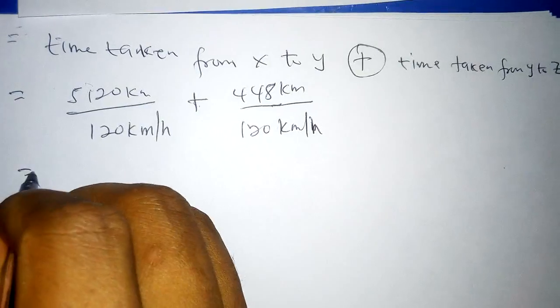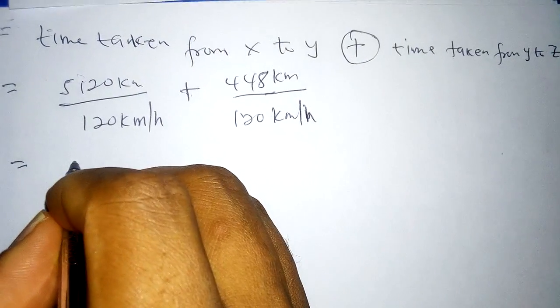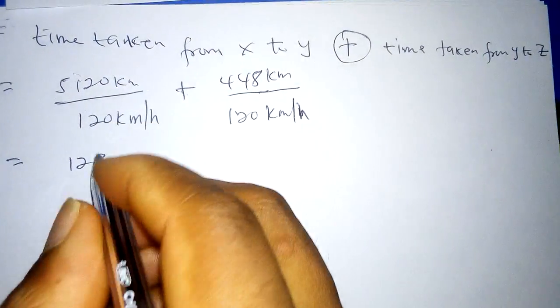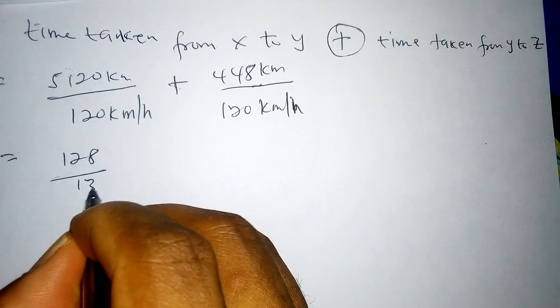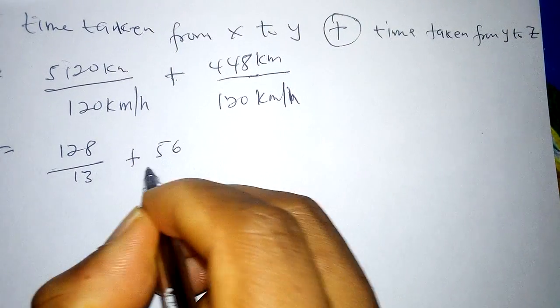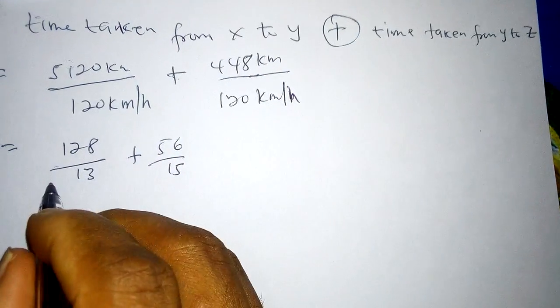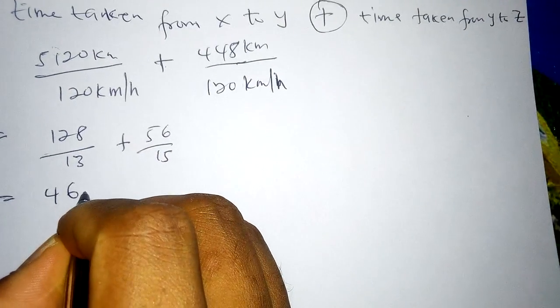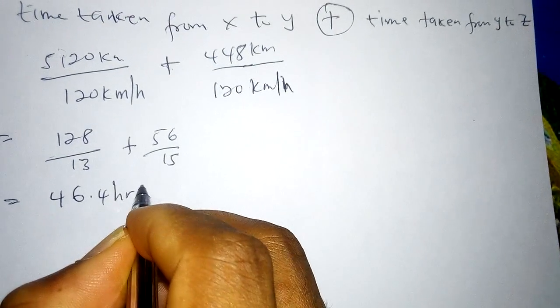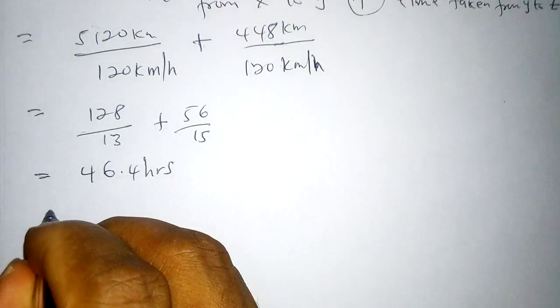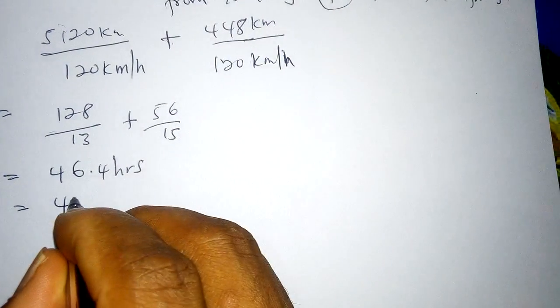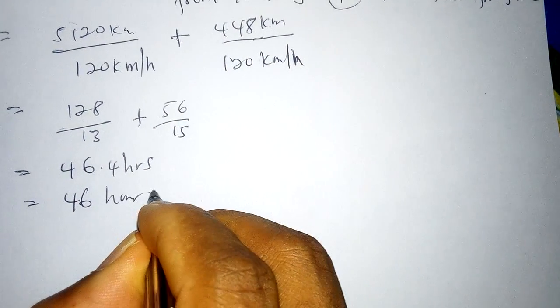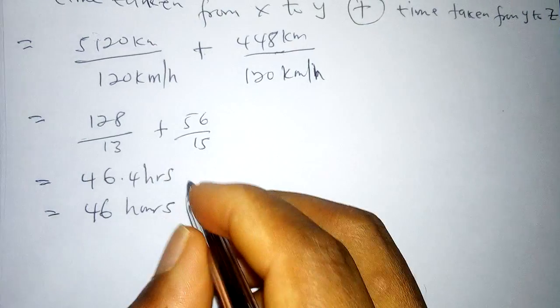If I count that, it's going to give me 128 over 3 plus 56 over 15. If I do all my additions, I'm going to get 46.4 hours. To the nearest whole number, it gives me 46 hours.